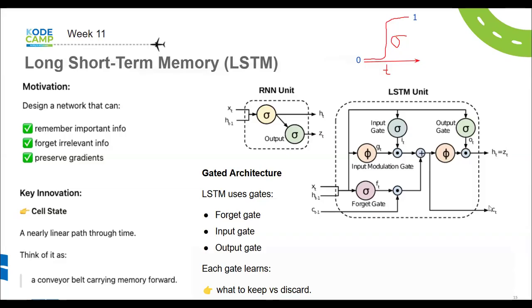But it also has a cell state, a CT, which is the cell state. Unlike a recurrent neural network where the output was achieved by taking the hidden state and passing it through a weight and a gate function or sigmoid function, for the LSTM the hidden state is taken as the output directly.